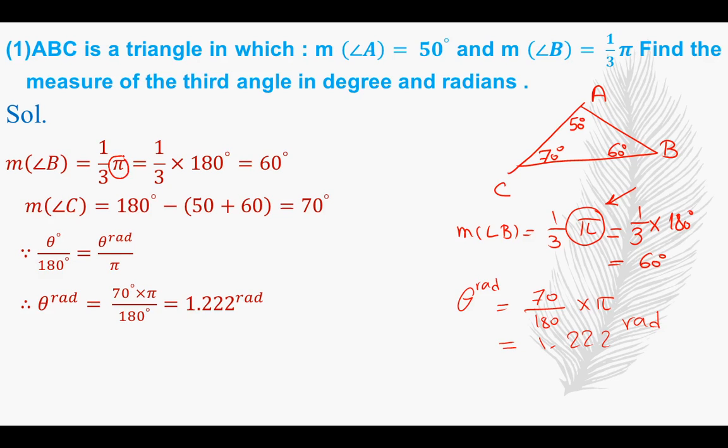This is the idea of this problem: we replace π by 180. 1 over 3 multiplied by 180, so the measure of angle B equals 60 degrees. The measure of angle C equals 180 minus the quantity 50 degrees plus 60 degrees, and the result will be 70 degrees. We convert the 70 from degree measure to radian measure by using the rule: theta radian equals 70 over 180 multiplied by π, which equals 1.222 radians.